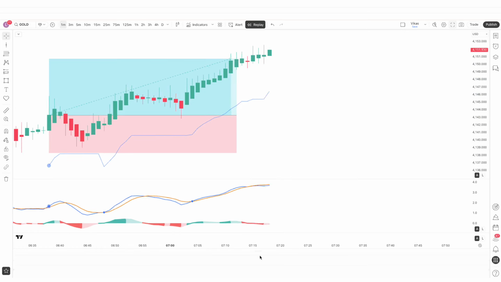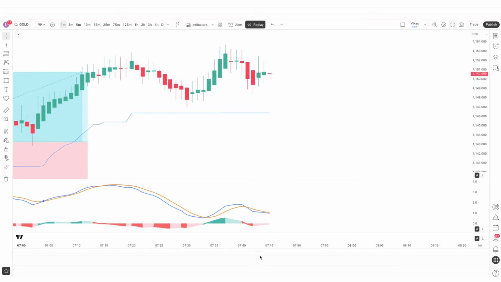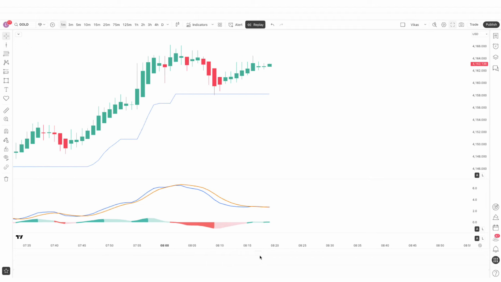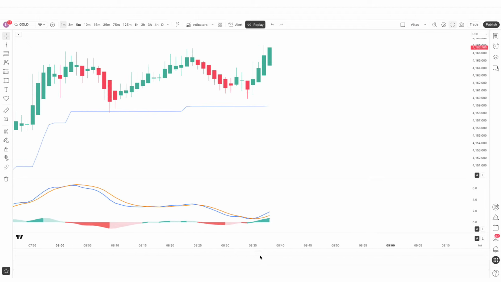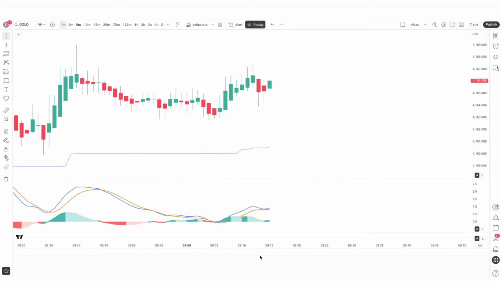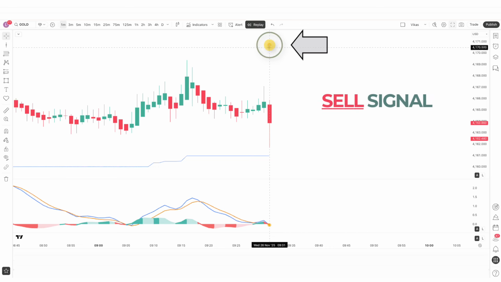Let us now understand the short position. When the Holt-Winters Smoothing circle of this indicator is orange, it is a sell signal.